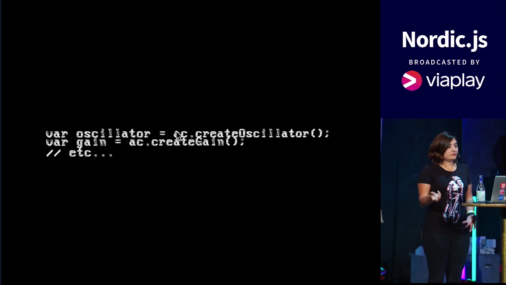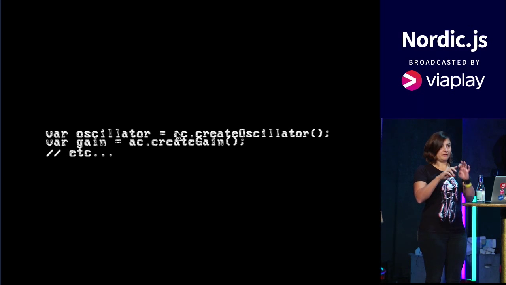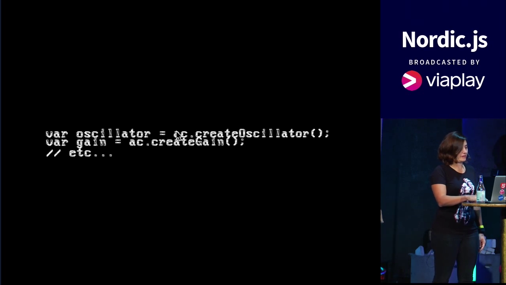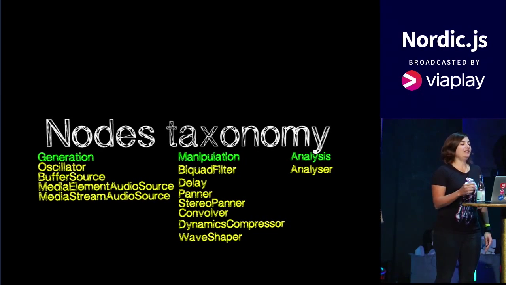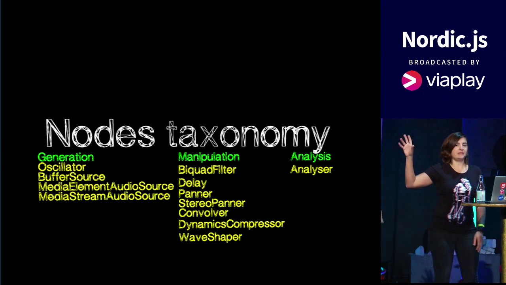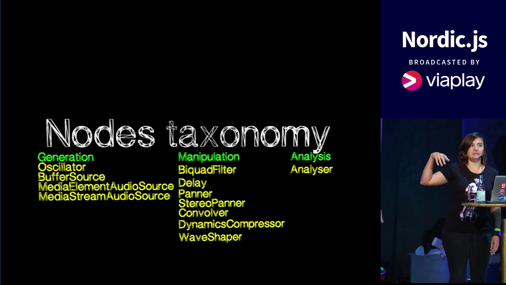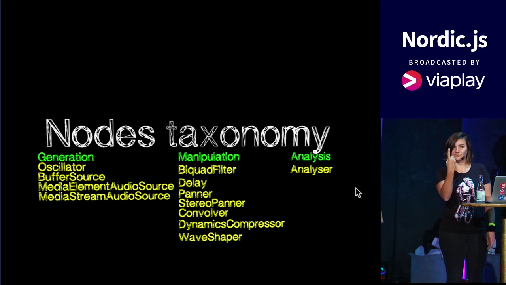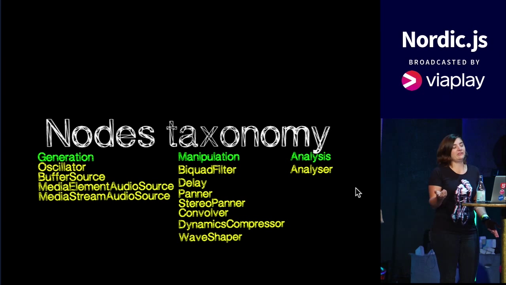So if you want to create instances of things, you just call audioContext.create whatever. And there is a list of things you can create like this. I would like to separate them by the type of nodes you can create. You can create nodes that generate sound. Other nodes manipulate the sound, like this manipulation column. And then there's just one for analyzing. But actually, you might not need more than that.